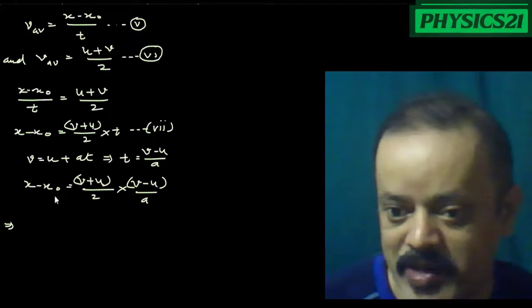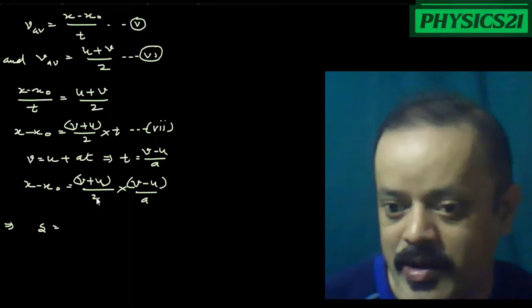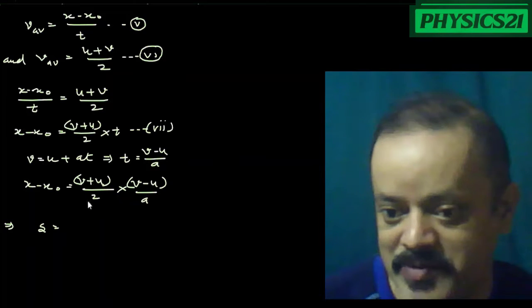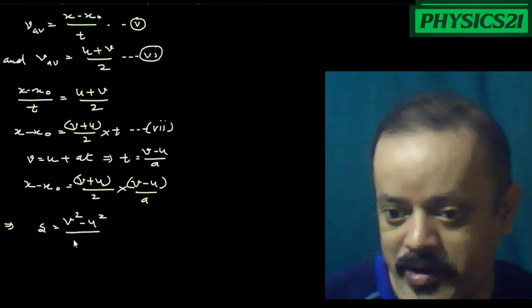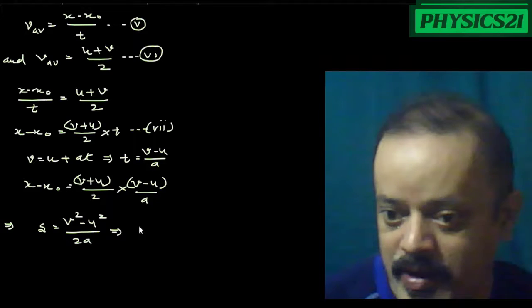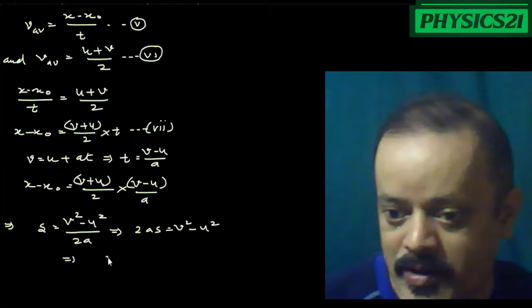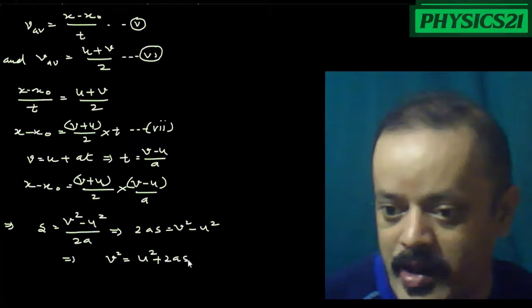Now in place of x minus x naught, we will write s. Here we use the identity a plus b into a minus b, which is written as a square minus b square. So there will be v square minus u square divided by 2a. And in the next step, it can be written as 2as equals v square minus u square, or v square equals u square plus 2as, which is the third equation of motion.